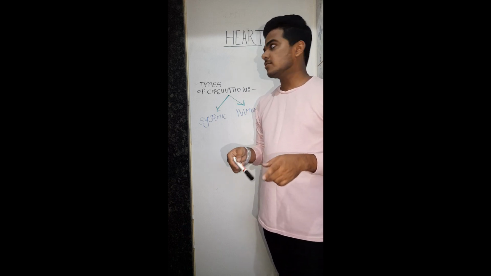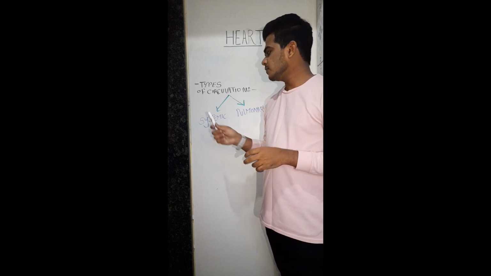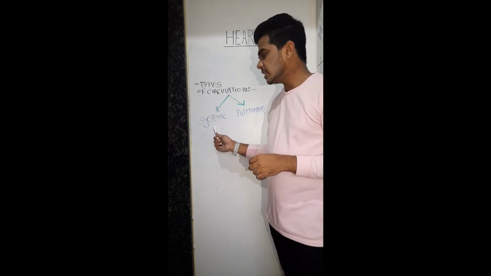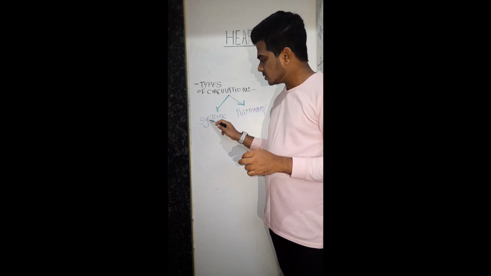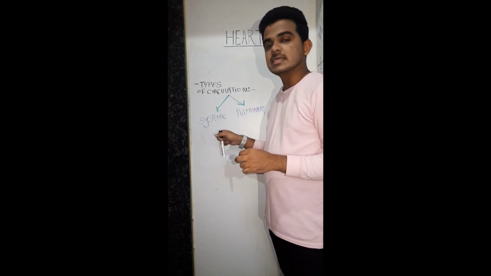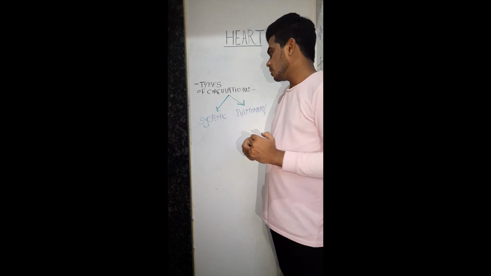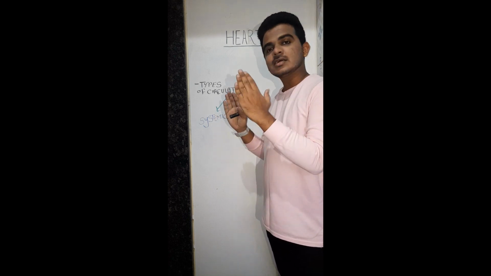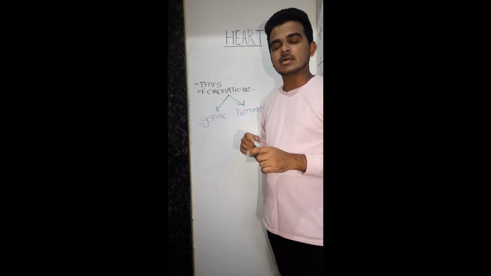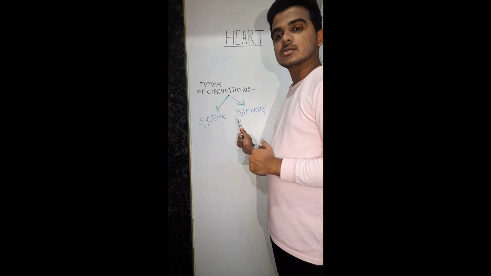We can see the systemic circulation, and the next one is the pulmonary circulation. It is a very simple topic. I will explain it in a trick diagram also, so you will easily understand what the systemic circulation is and what the pulmonary circulation is.